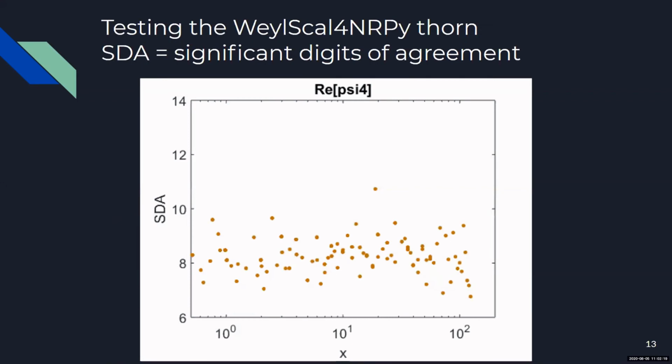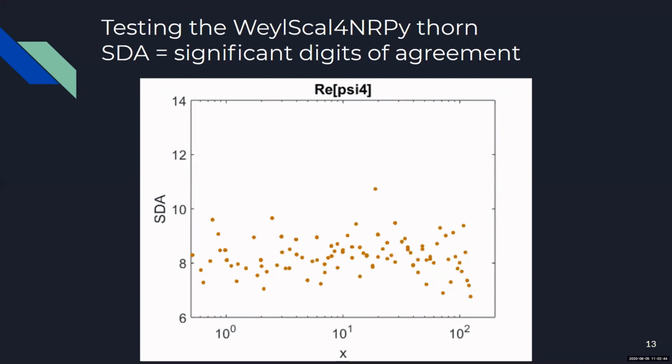So this uses the real part of the psi4 scalar. And on the y-axis, we have the significant digits of agreement between the original Weyl scalar 4 and our new Weyl scalar 4, NRPy's output of the real part of psi4, and this is just along the x-axis as output by the toolkit.